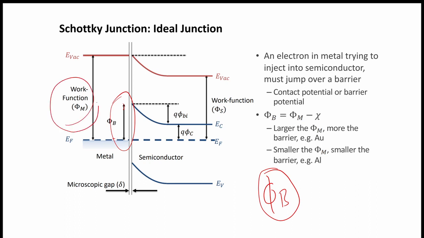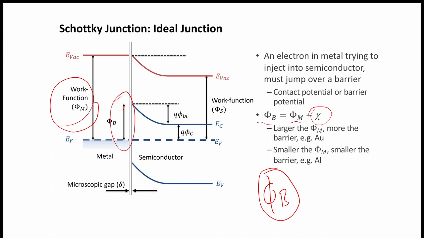This is the work function of the metal. The difference between the work function of the metal and the electron affinity chi gives phi b.